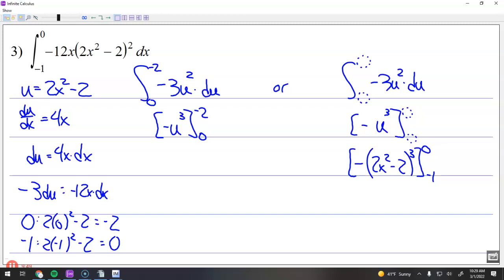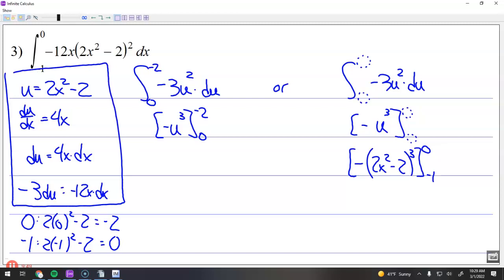Okay, so let me talk through both of these. You have to do this part and this part regardless. So this is just me doing my regular u substitution, and then I get it to here. My choice from this point is: am I not going to worry about what these two things would be as u values?